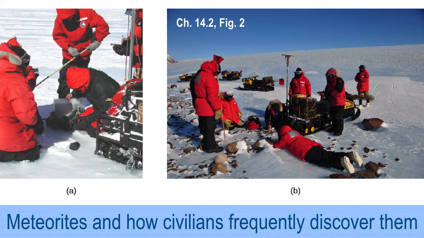Antarctica, if you look at it, it's all snow there, but it looks like a desert. I mean, you see deserts covered with sand, and Antarctica is like a desert covered with snow. And for that reason, it's easy to find meteorites, especially stony ones. And there's been some really famous meteorites found in Antarctica.